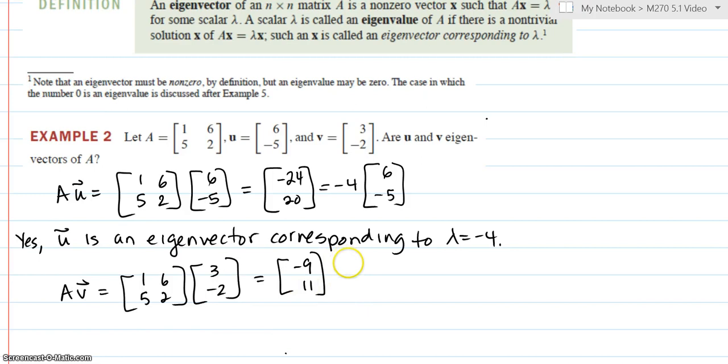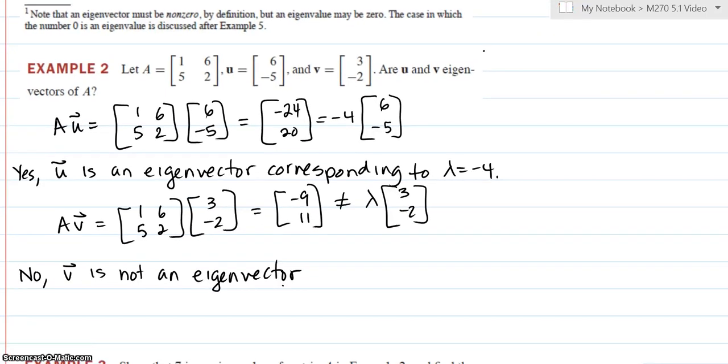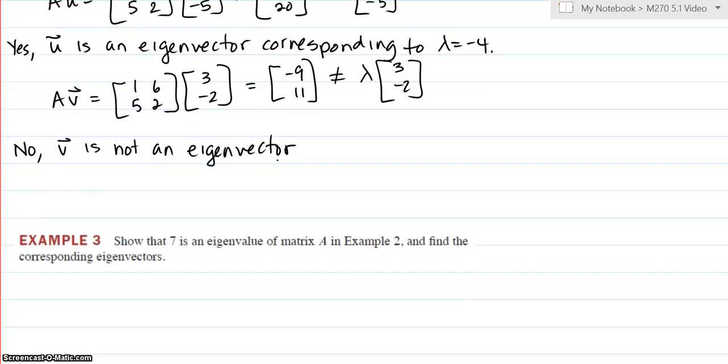So there is no lambda at all. So no, v is not an eigenvector. So that is that one. Let's look at another example.